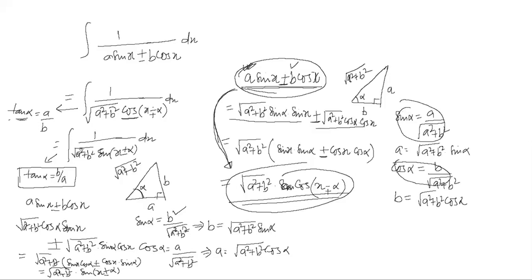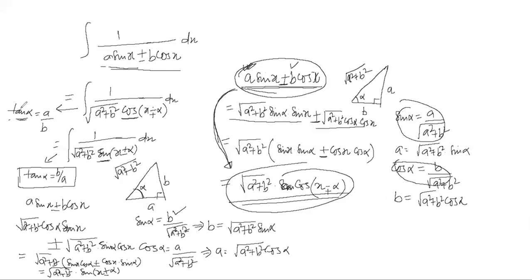Similarly, if I want to reduce a sin x plus or minus b cos x in terms of the sine trigonometric ratio, what we do is write root under a square plus b square into sin of x plus or minus alpha. In terms of sine, the sign is the same as given in the question, but in case of cos, we take the sign in reverse order.